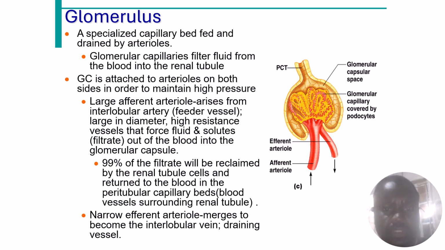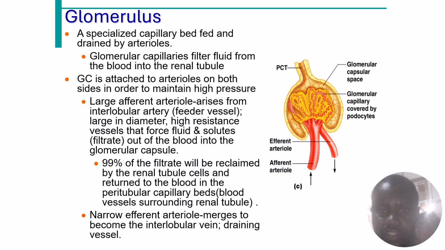So in terms of the glomerulus, it is a specialized capillary bed drained by arterioles. We have the larger one and the smaller one. The one that drains blood into the glomerulus is called the afferent arteriole, and the one that drains blood out of the glomerulus is called the efferent arteriole.